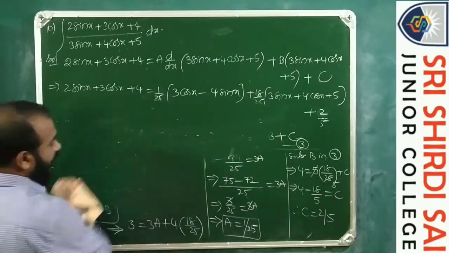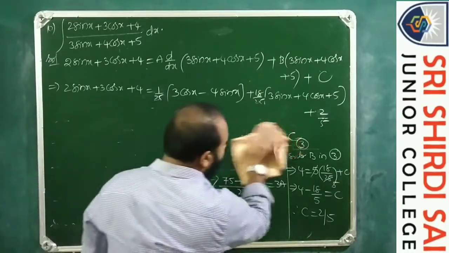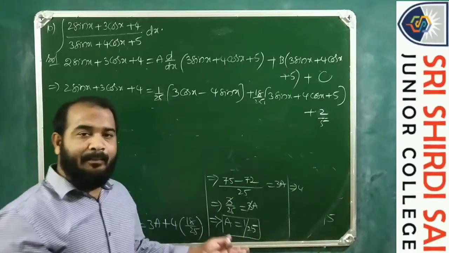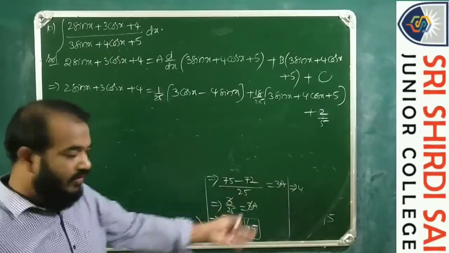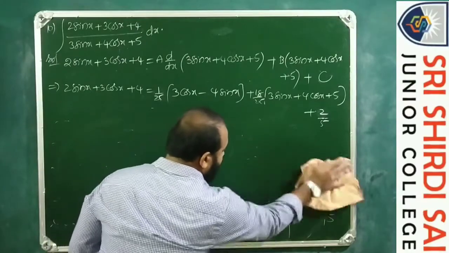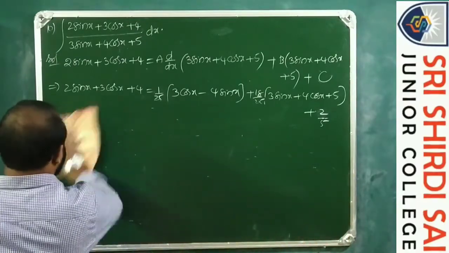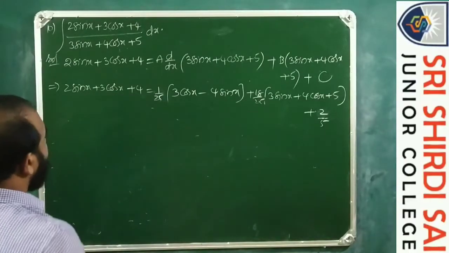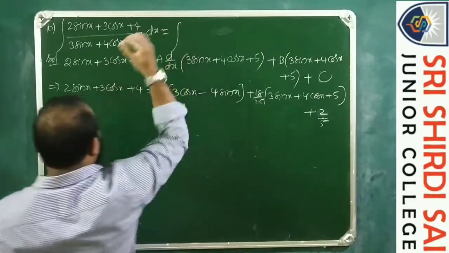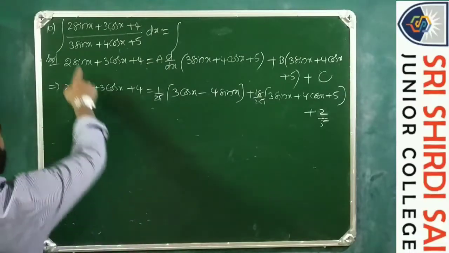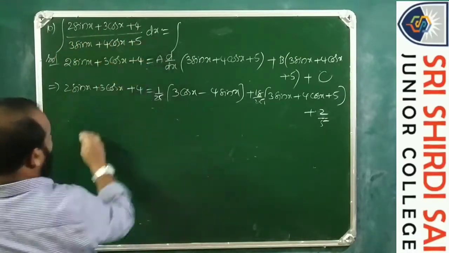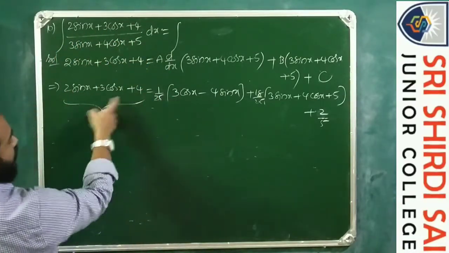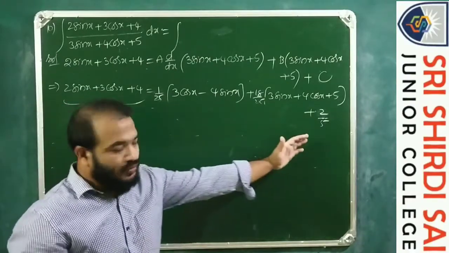So all this we have done only to evaluate the constants A, B and C. Now this is equal to the integral, where 2 sin x plus 3 cos x plus 4 is this value.